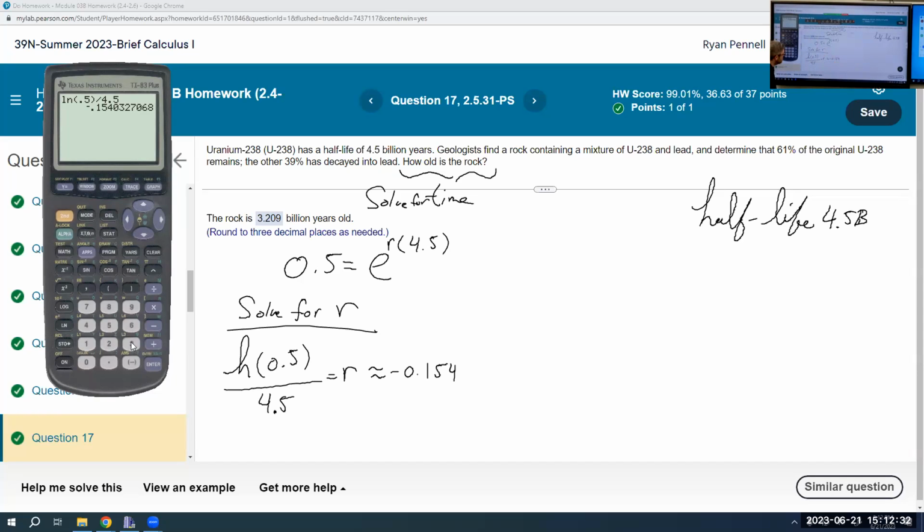Now I know the rate. Okay. So the original problem said 61% of the original is there. How old is it? Now I know the half-life equation.